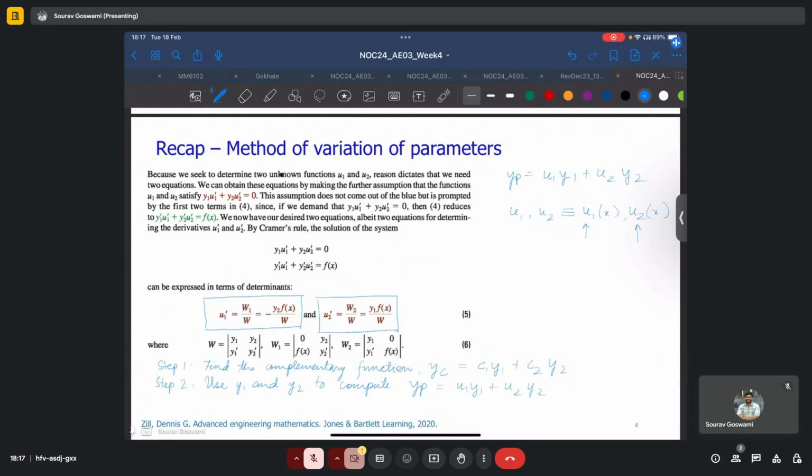The only difference is that in this case u1 and u2 are not constant, rather they are functions of the independent variable, typically x or t, whatever you are dealing with. And in the third step, we finally get the general solution, which will be just a linear combination of the complementary function and the particular solution.